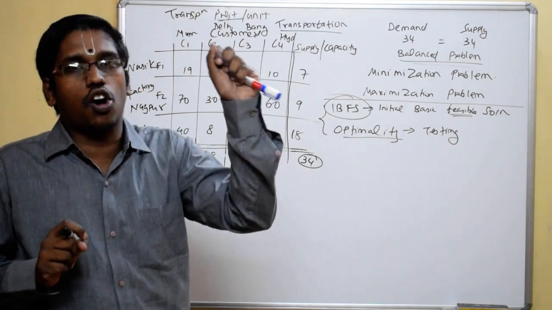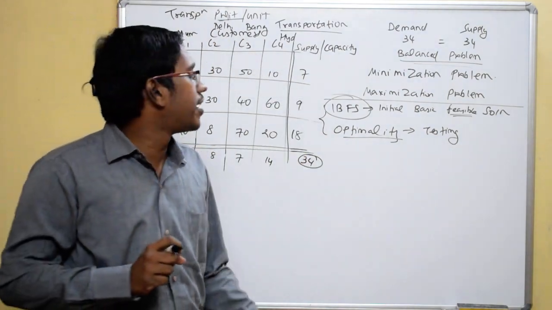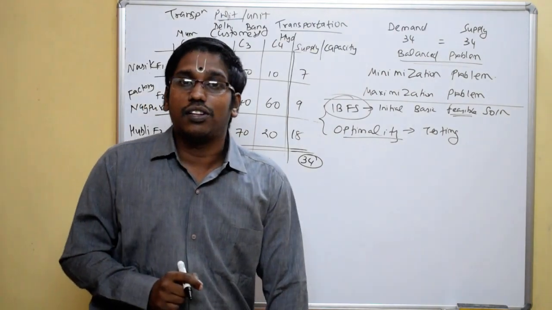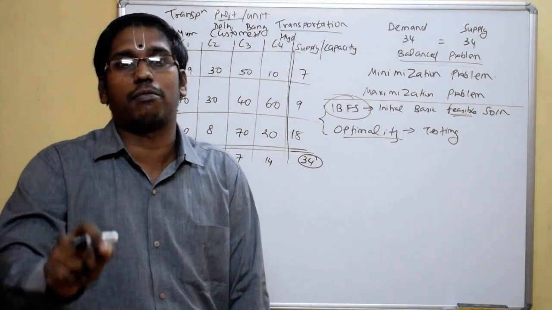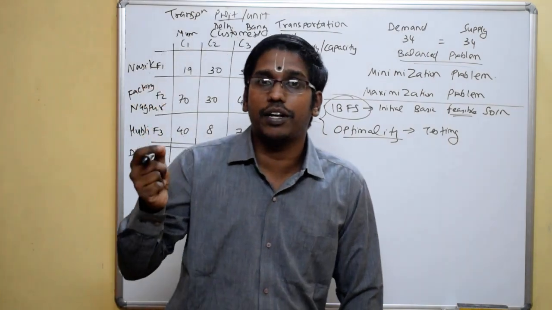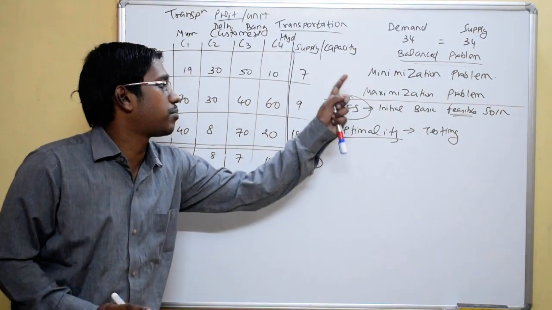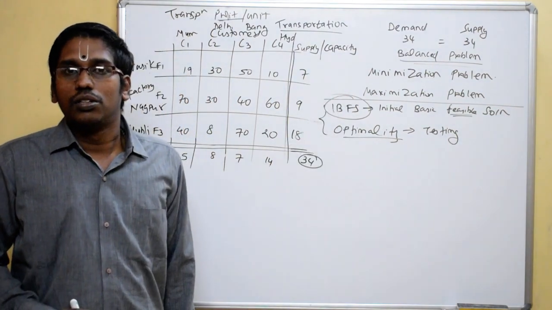Then I can say it is an optimal solution. And when it is a maximization problem, I need to prove that the way I am transporting my goods is going to give me the maximum possible profit, that there is no possibility of earning more profit than this. If I can prove this, then my maximization problem becomes optimal.